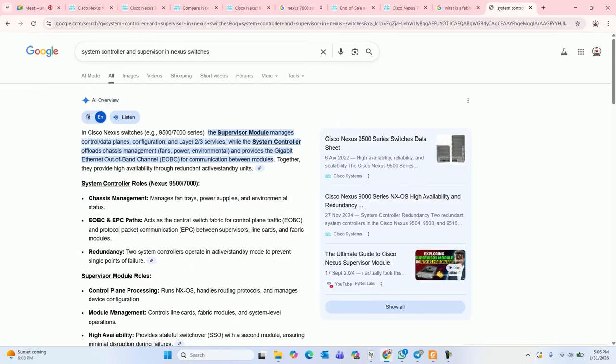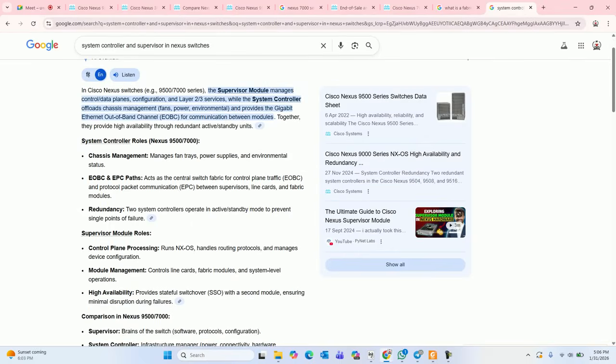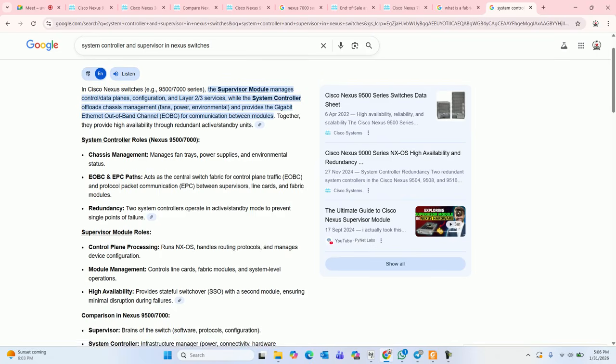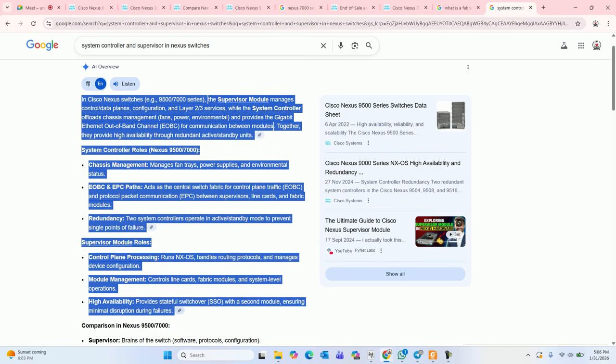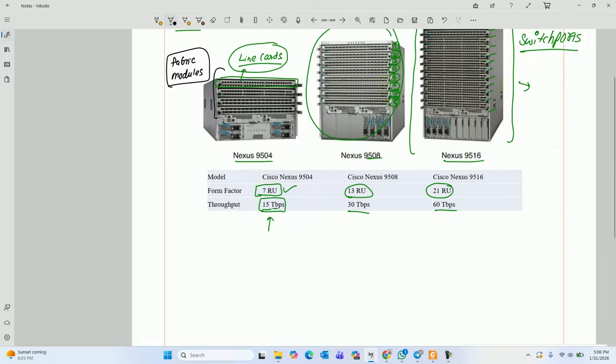So this is what their responsibility is in Cisco Nexus switches. I'll be explaining it, guys, don't worry.